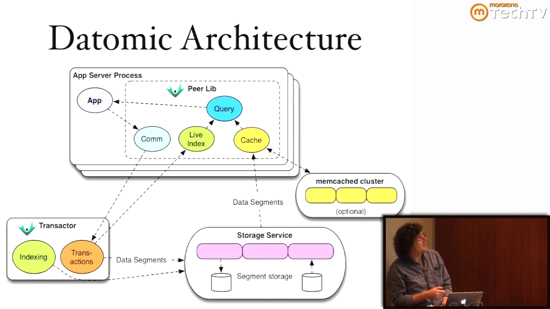If we look up at a peer, they obviously have a communications component so they can talk to the transactor. They're going to have this live index in memory. And then they have to have some ability, if you just ignore the caching for the moment, some ability to talk directly to storage. And this is the other critical thing, right? We said, well, now who has locality to storage?